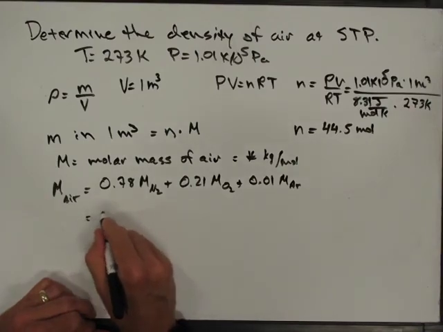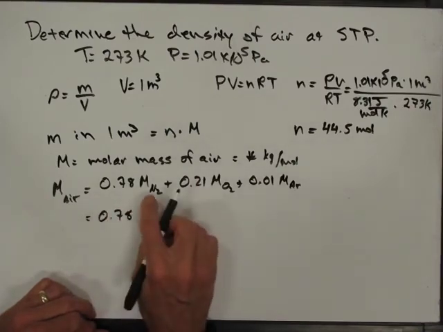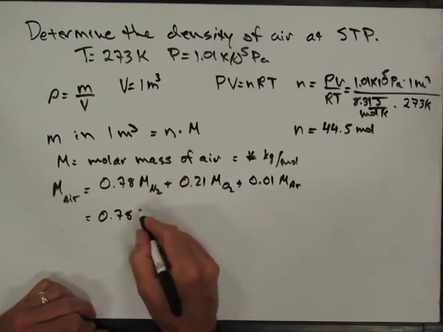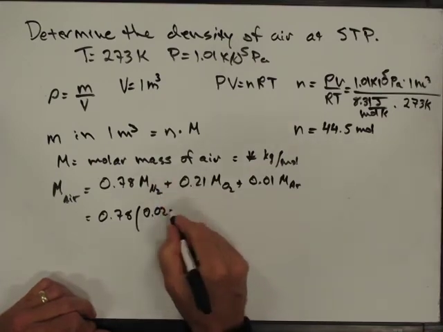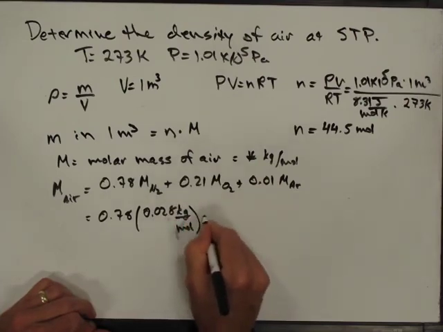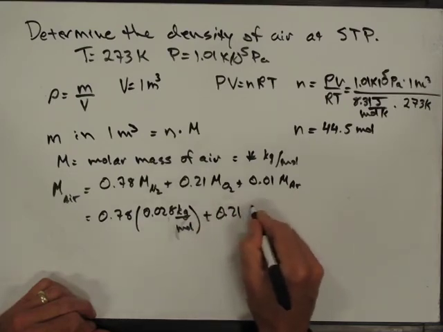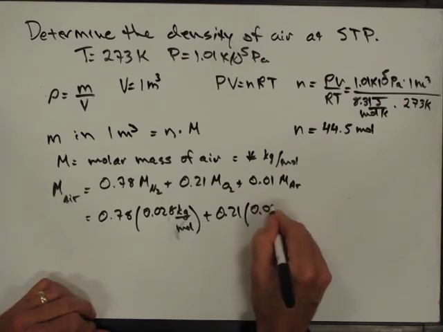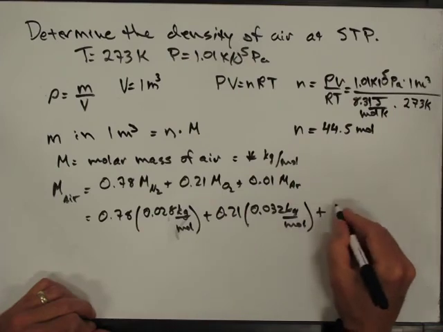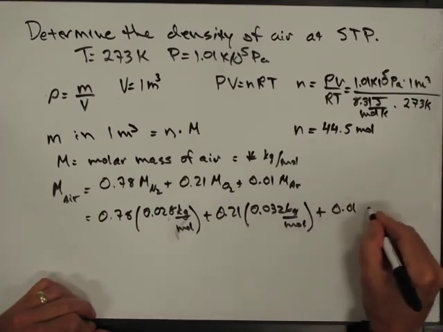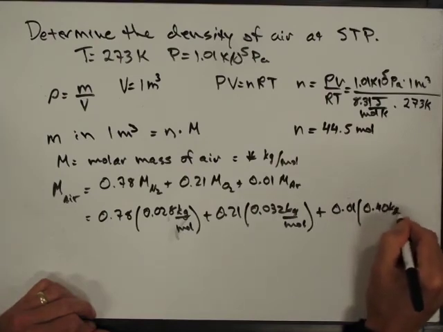So this is 0.78 times the molar mass of nitrogen, 0.028 kilograms per mole, plus 0.21 times the molar mass of oxygen, which is 0.032 kilograms per mole, plus 0.01 times the molar mass of argon, which is 0.40 kilograms per mole.